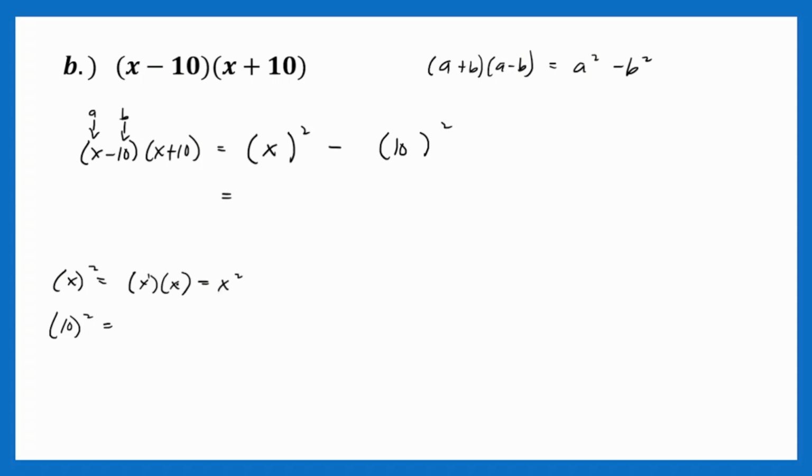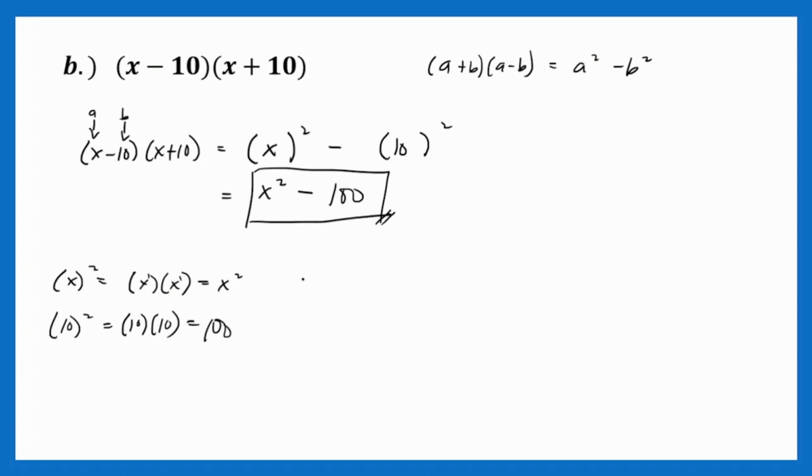Plus mo lang yung 1 dyan saka yung 1 dyan, naging squared. Okay? Then yung 10, hindi yan 10 times 2. Incorrect yon. Dapat 10 times 10. Multiply sa sarili. That's 100. So we have minus 100, kasi minus yung gitna. And that is now the final answer.